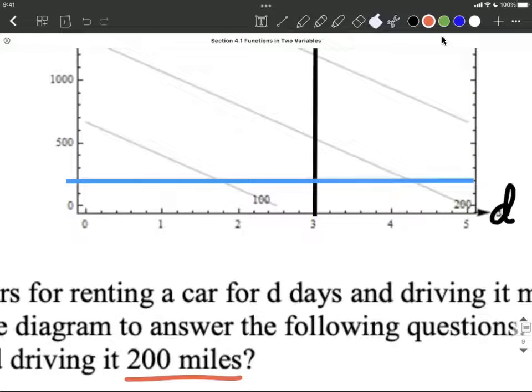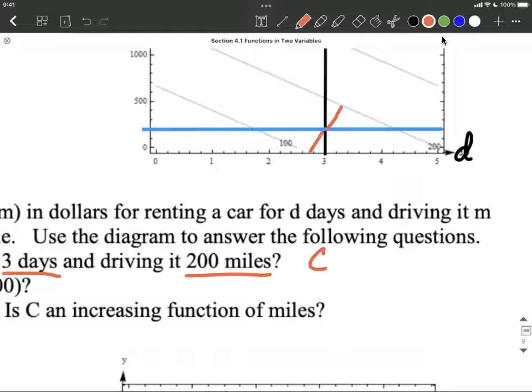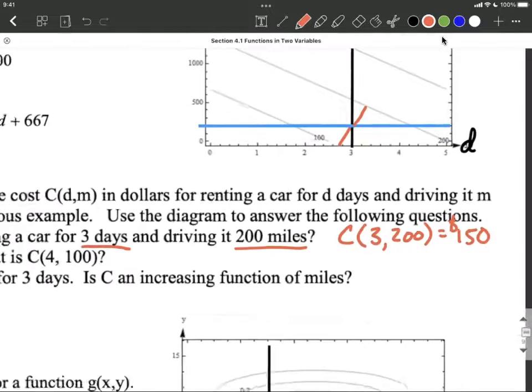As you can see, this is in between the 100 for our cost and the 200 contour line, about equal distance from this side as this side. So I would estimate this cost for driving 3 days and 200 miles to be right about in between 100 and 200, or 150 dollars.